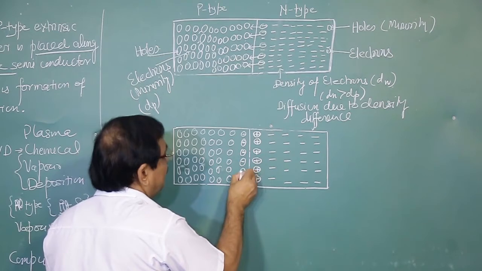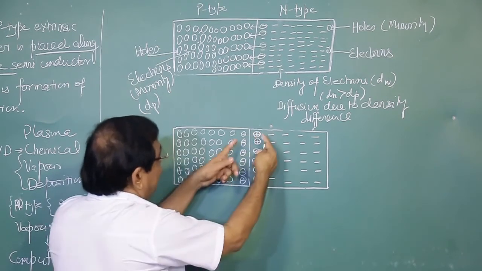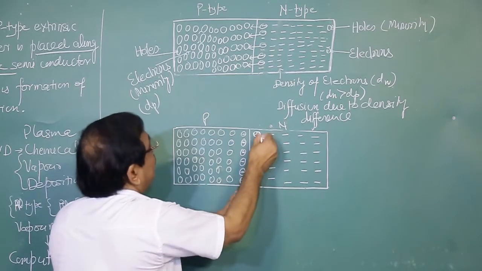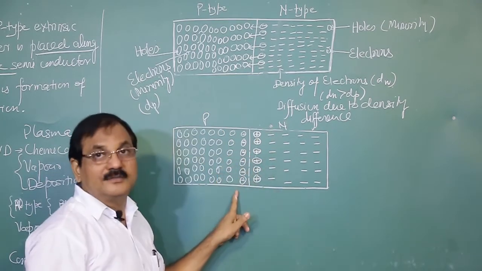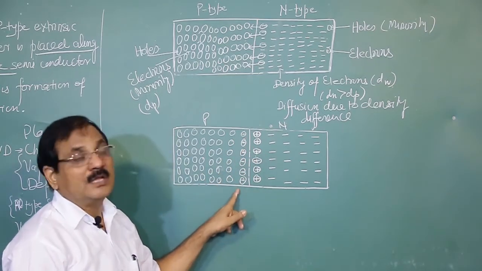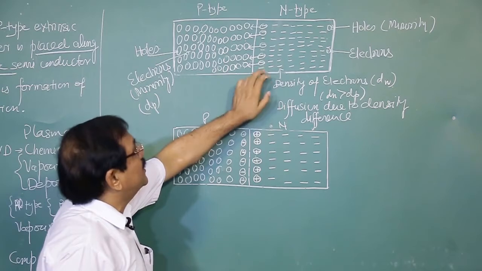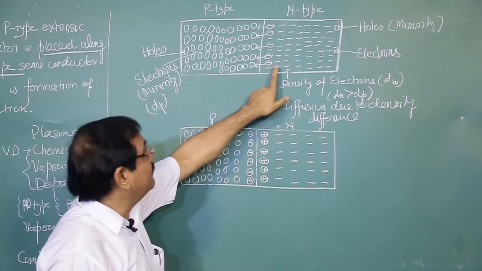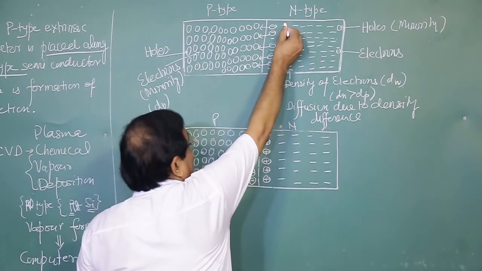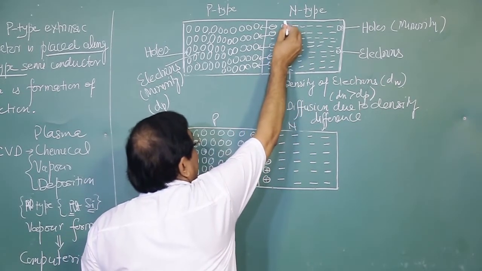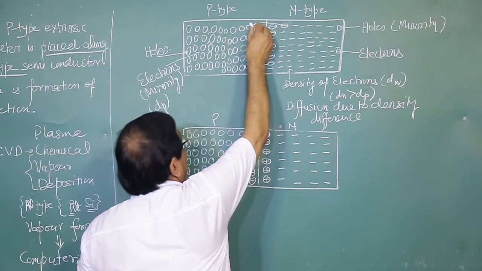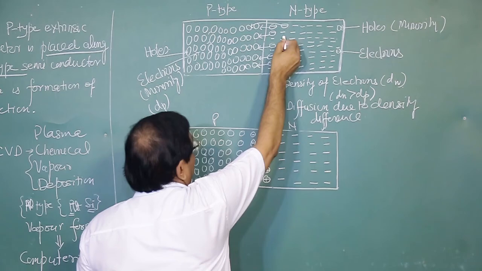So, the first layer across the junction in the N type becomes a positive layer, and in the P type this becomes a negative layer. So, this is the diffusion of the first layer. What about the second layer in the N type? The second layer electrons also try to diffuse across to the available holes.